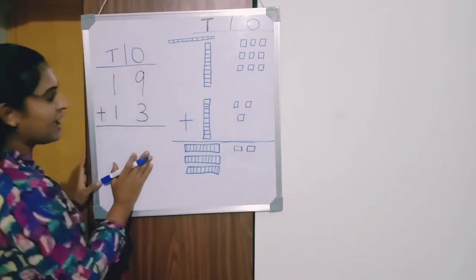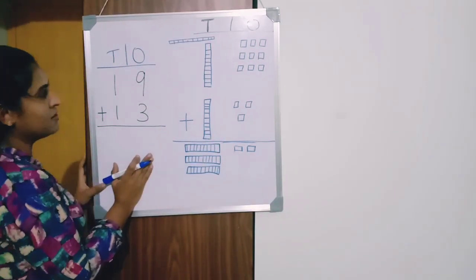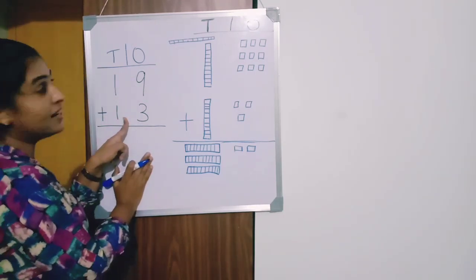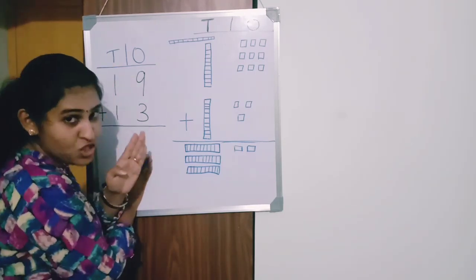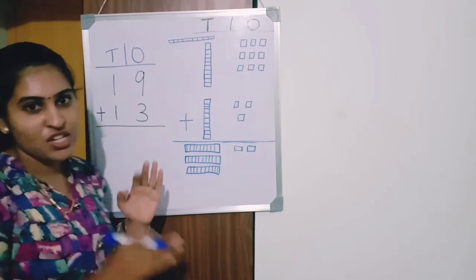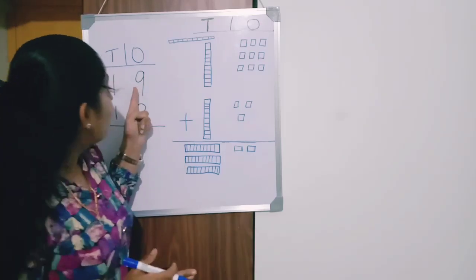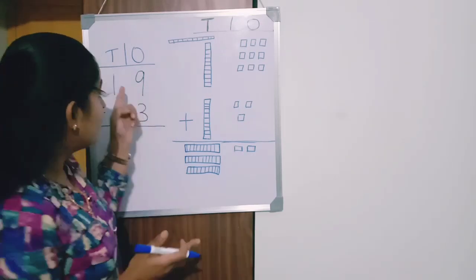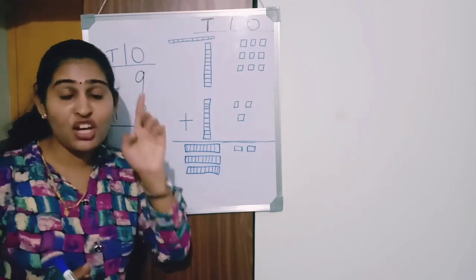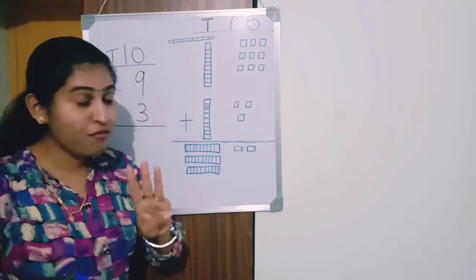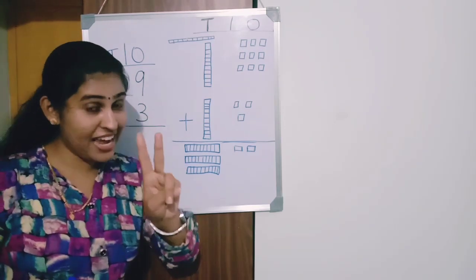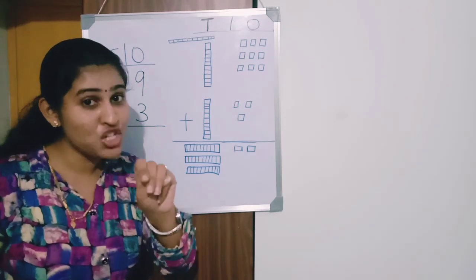Now let's add with numbers. 19 plus 13. From the ones place we should start. So 9 plus 3 should be added first. Which number in your mind? In this, 9 is the biggest number. So keep 9 in your mind and 3 on your fingers. 9, after 9, 10, 11 and 12.